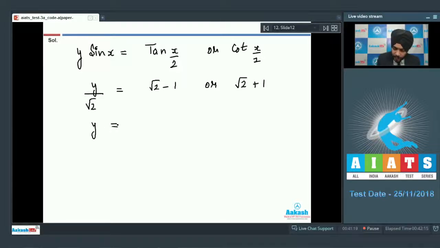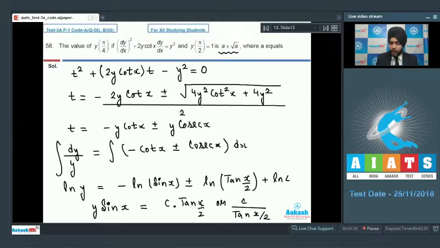So y = 2 − √2 or 2 + √2. That means y = 2 ± √2. Simply a comes out to be equal to 2. This is the final answer. We're going to fill 02 in the OMR sheet.